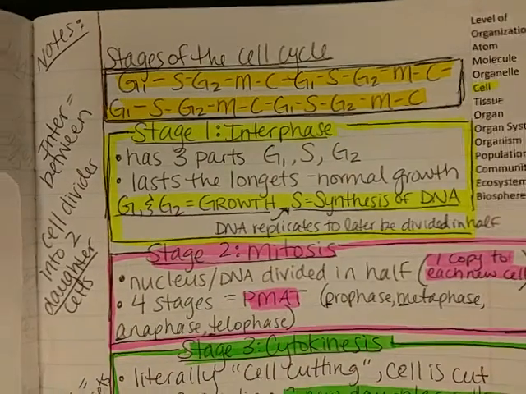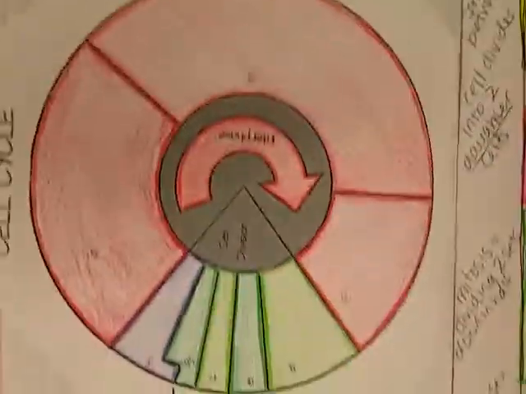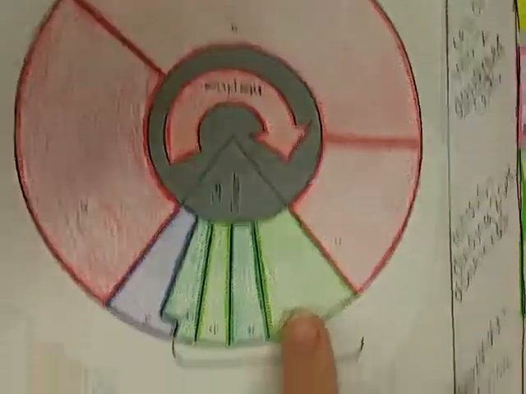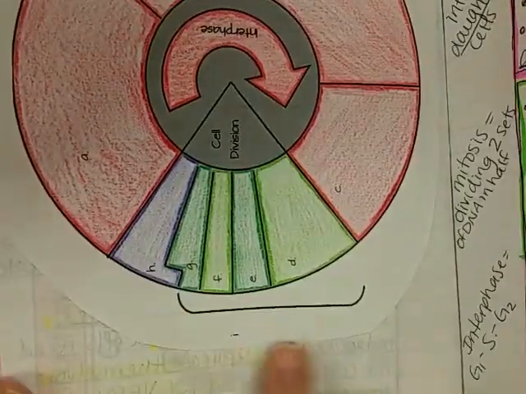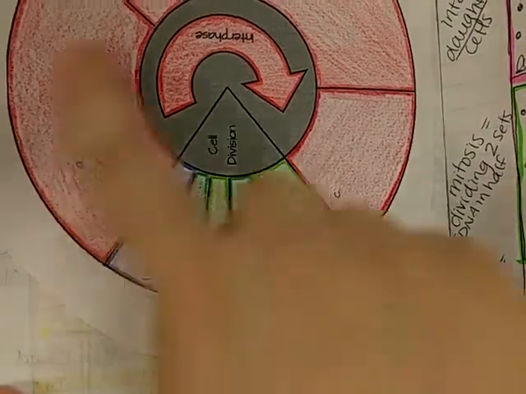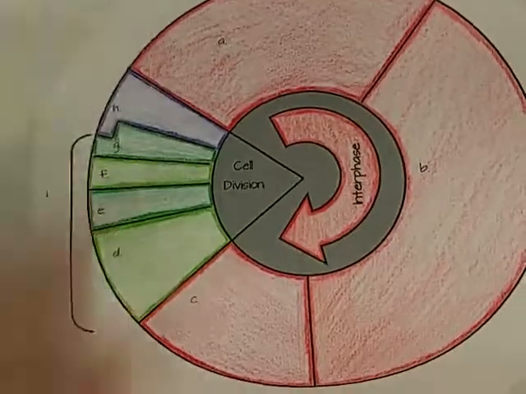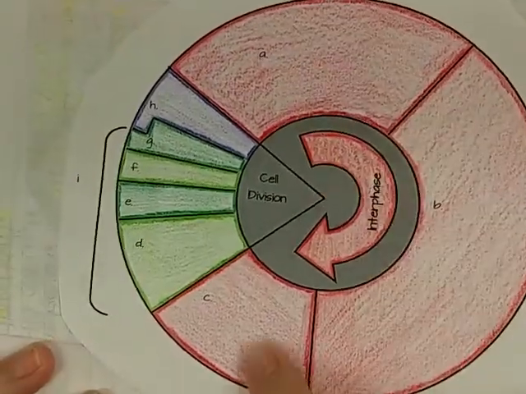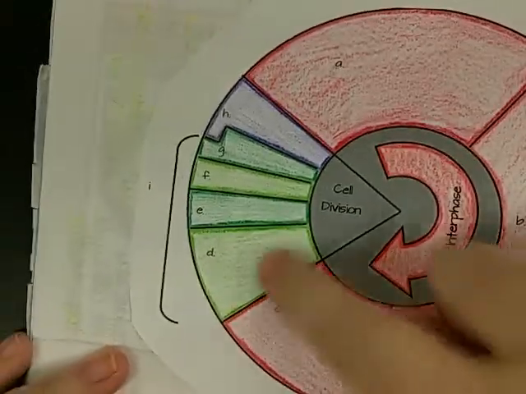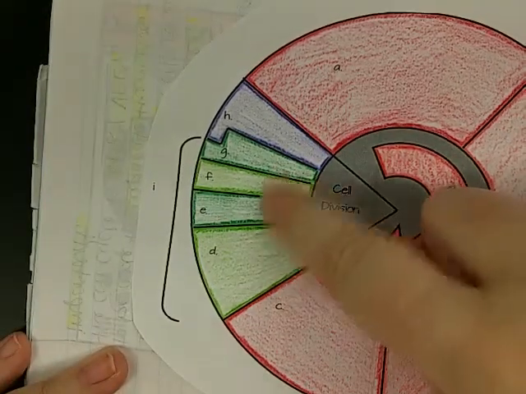You're then going to be getting a cell cycle foldable. When you cut it out, you need to leave this on the side because you're going to need to write here. The way I colored this is red is interphase. I have two different colors of red. Green is mitosis.